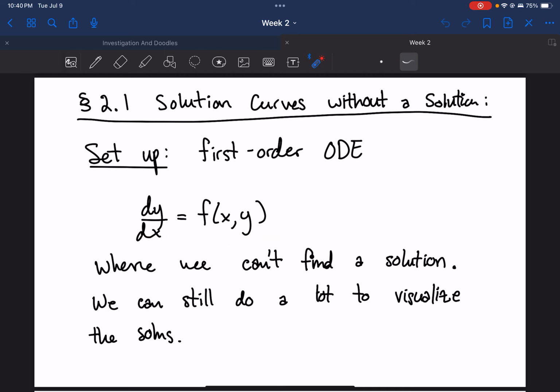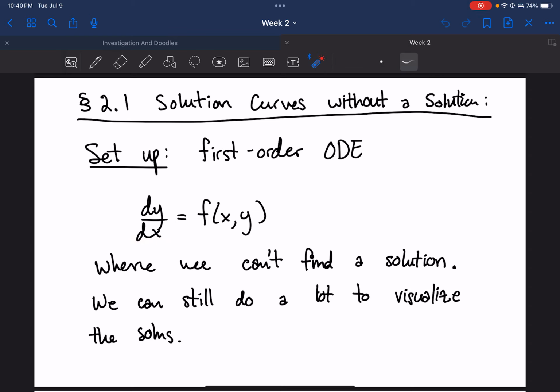So let's think about the setup here. We've got a first order ordinary differential equation, and it's written in a very specific form. On the left-hand side, we've got dy/dx by itself. This is a first order differential equation, which means the highest derivative order is 1. And we're going to put dy/dx by itself with a coefficient of 1 on the left-hand side.